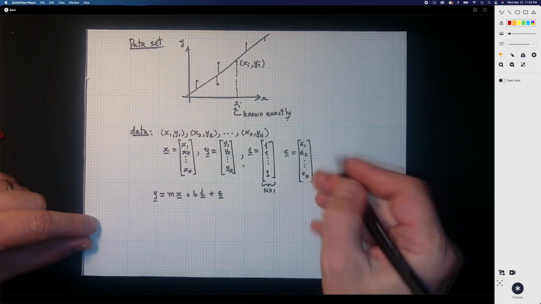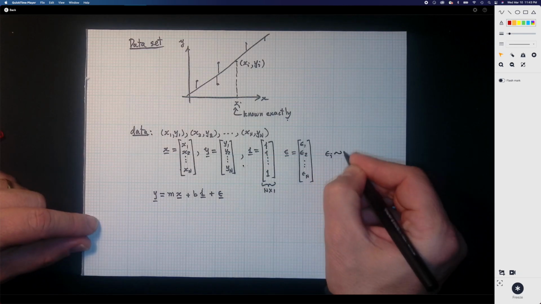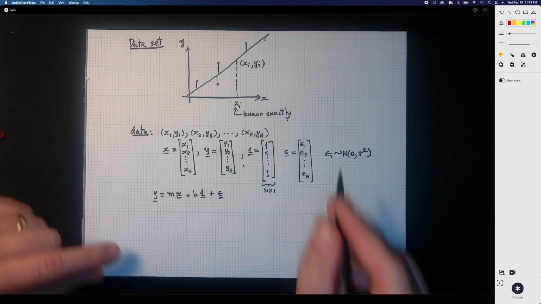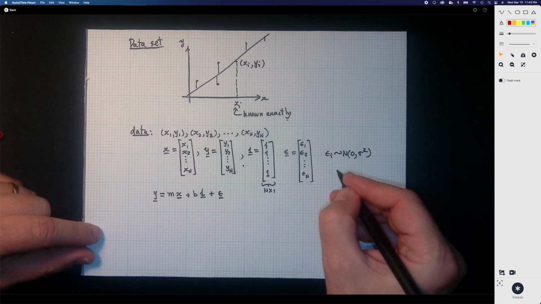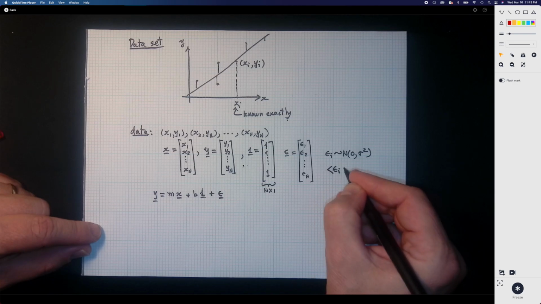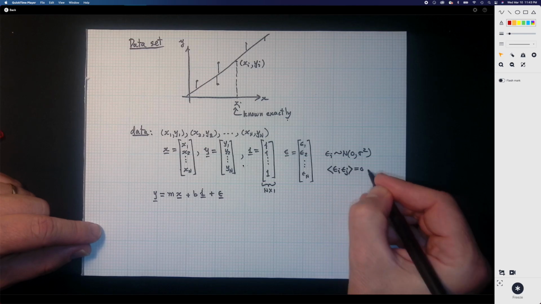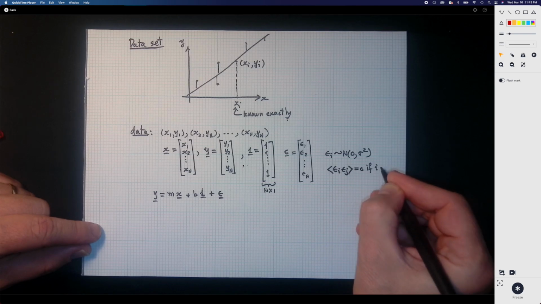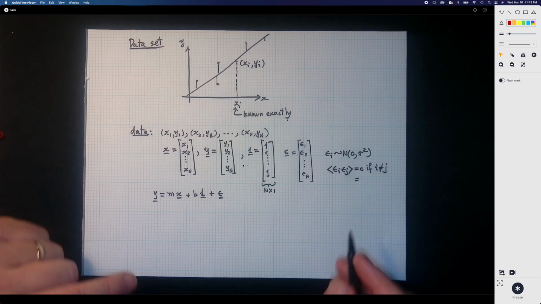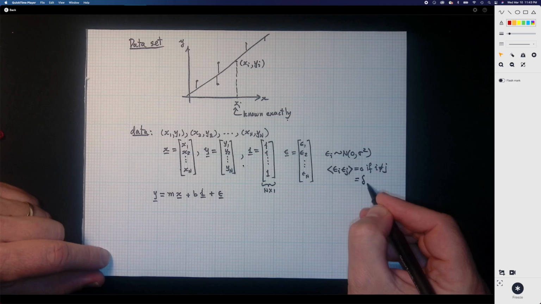And these epsilon sub i's are normally distributed with mean 0 and variance sigma squared. And they're assumed independent. So in other words, the covariance of epsilon i and epsilon j is equal to 0 if i is not equal to j. Sometimes we use this Kronecker delta notation and we write it like this, delta ij.